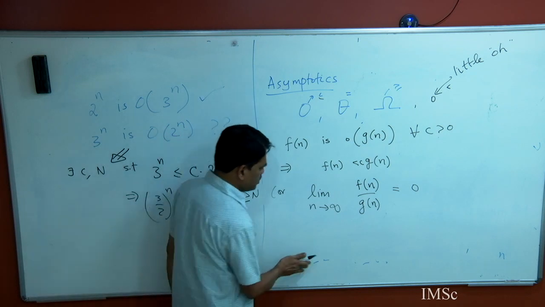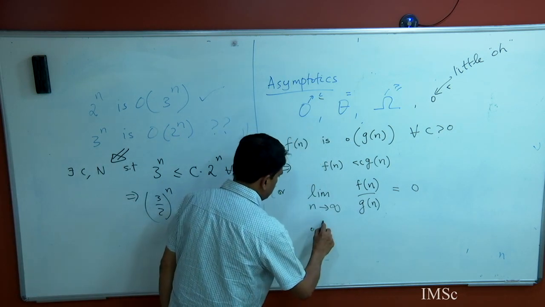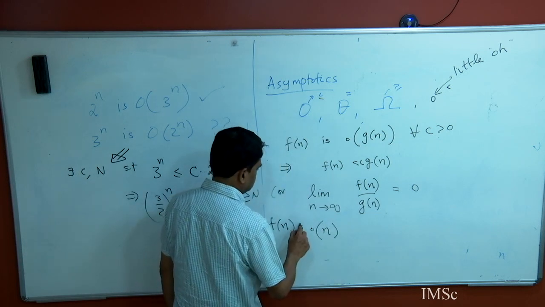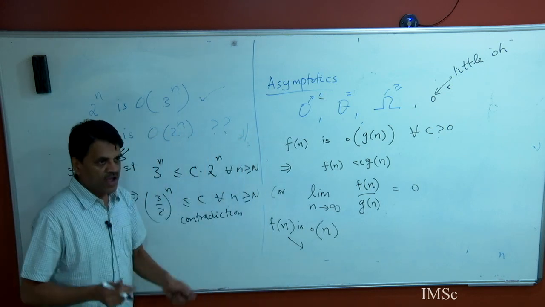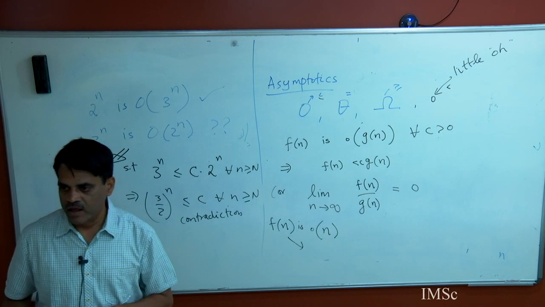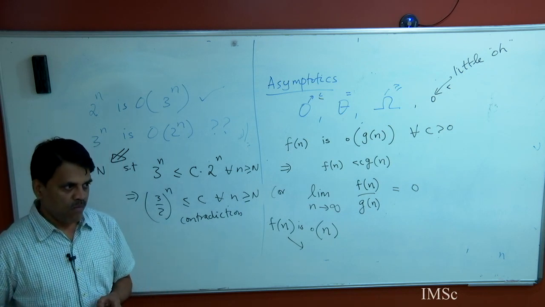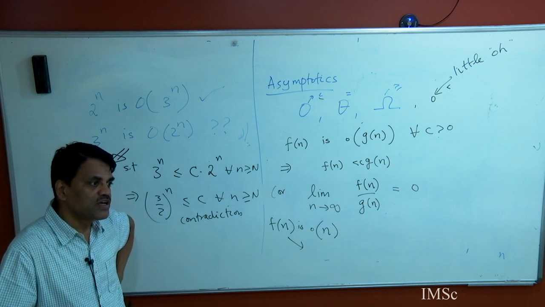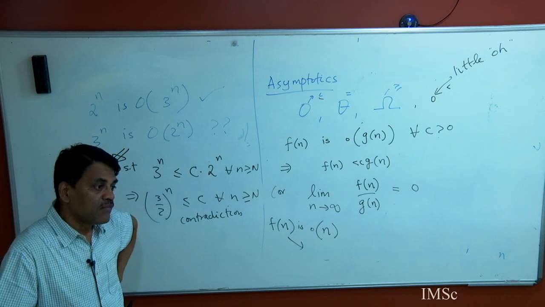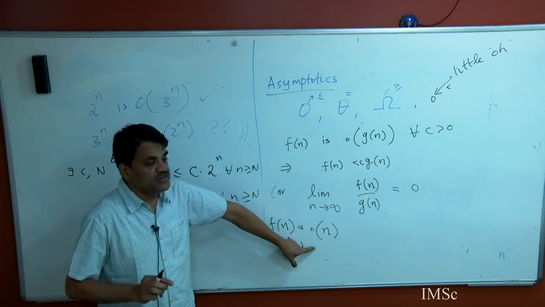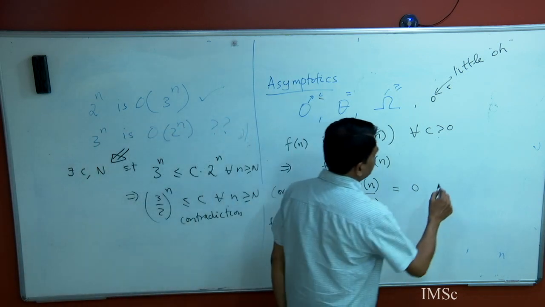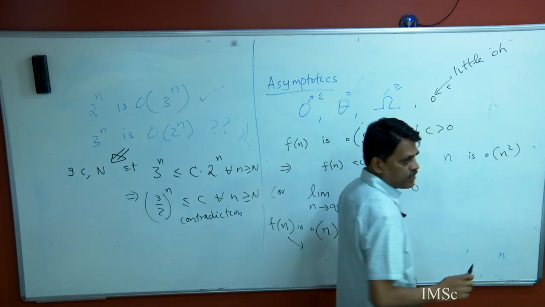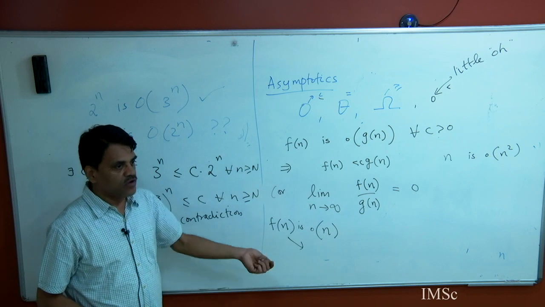So can you give me a function which is little o of n? An example? A strictly slower growing function than n. A constant, yes. No, I'm talking, I want a function which is little o of n. Okay, n and n square is fine. So n is little o of n square. Yes. Sure. But what about a constant? Some other function?